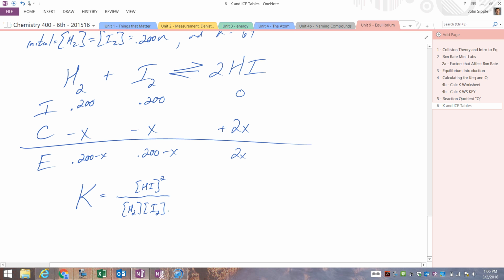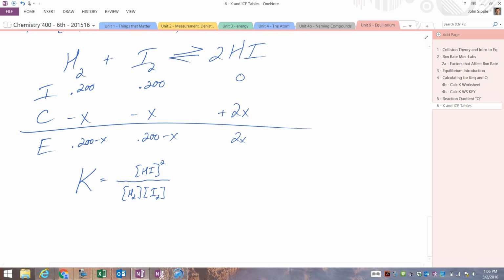Okay, there we go. Now let's plug in our values. K is 64. We have 2x squared on the top, and 0.200 minus x and 0.200 minus x on the bottom. Beautiful.